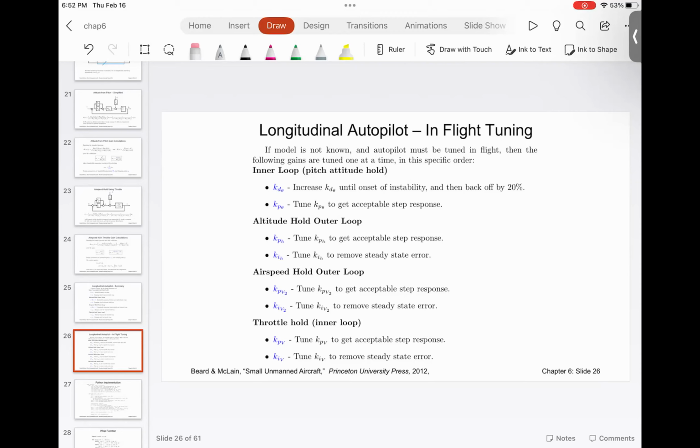And these are the tuning guidelines for different loops. Again, there is no good or bad method, just these methods have worked in the past. So these are the best practices.